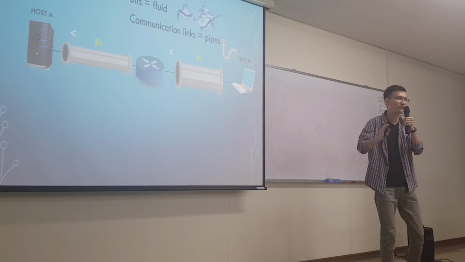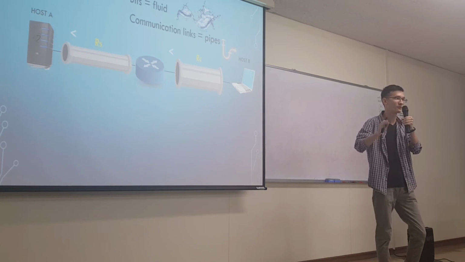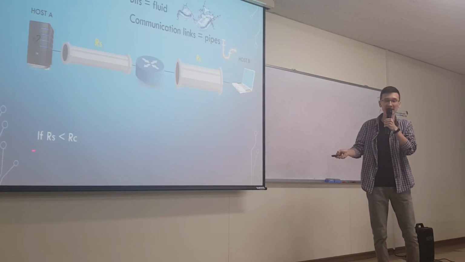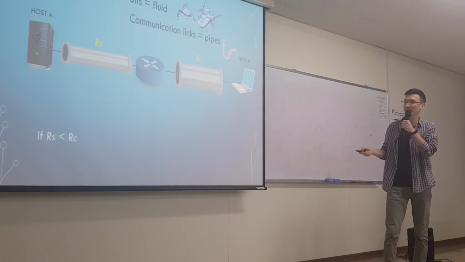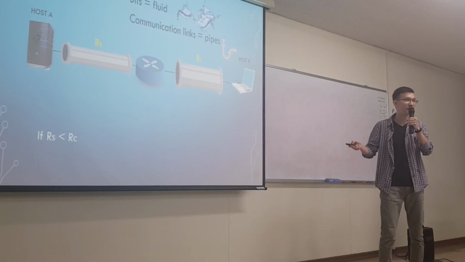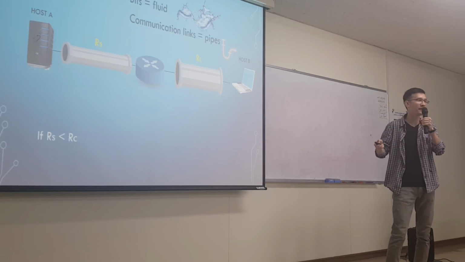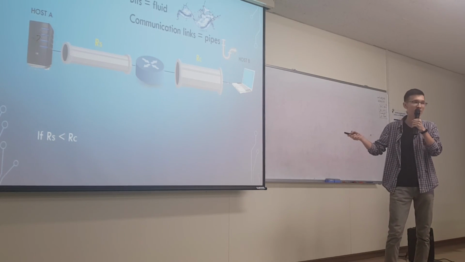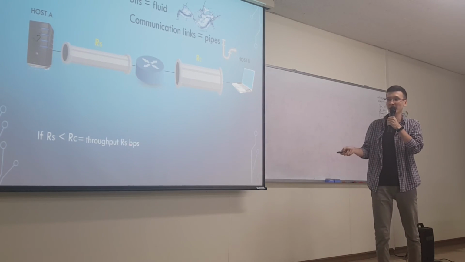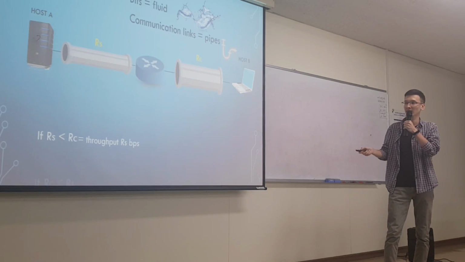It cannot pipe the fluid. If Rs is less than Rc, you see, our bits go through without any barrier to the destination host. So throughput here will be Rs bits per second.